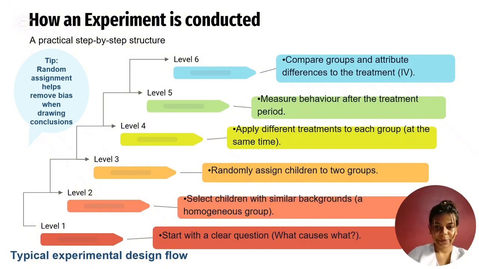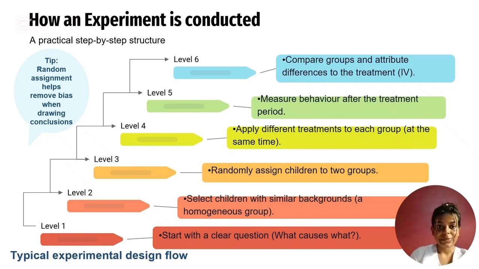Now, how an experiment is conducted. Before we can start an experiment, we need to ask ourselves, what are we experimenting? What causes what exactly? Then, secondly, we need a target population. But this brings us to our third stage. With the target population, we have to ensure that firstly they have a similar background and they must be assigned randomly. And by doing it randomly, we have many methods. We can put their names in an Excel document and sort it.